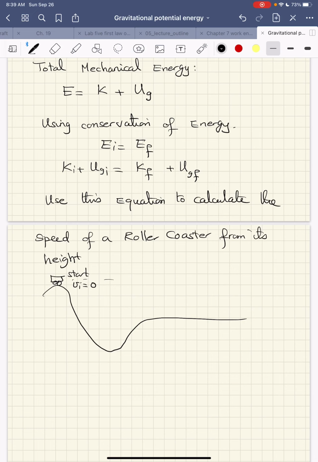Let's assume that the distance here is 25 meters, and here it is 20. I want to find what my v is here at the finish line, when I end up.